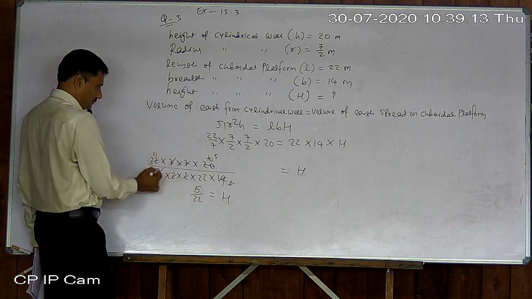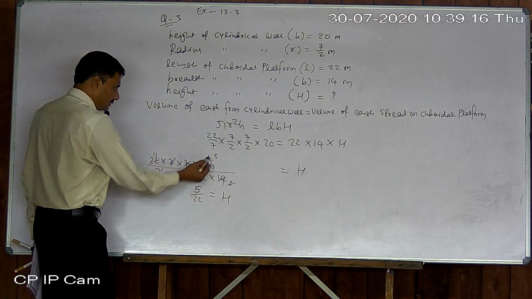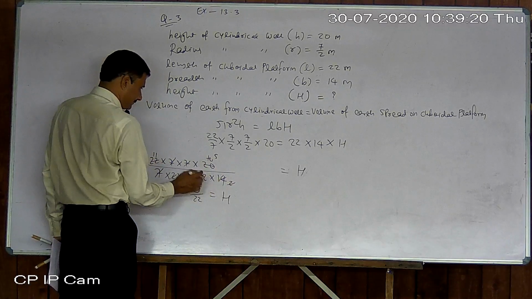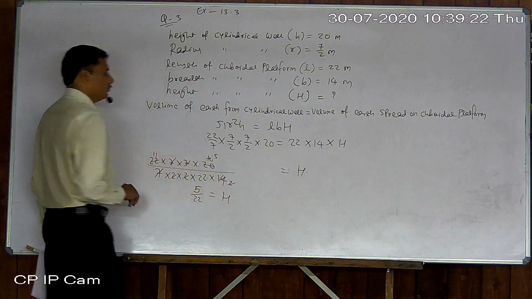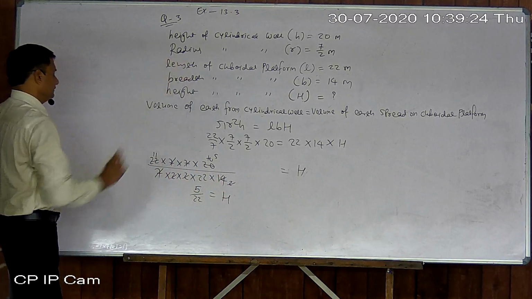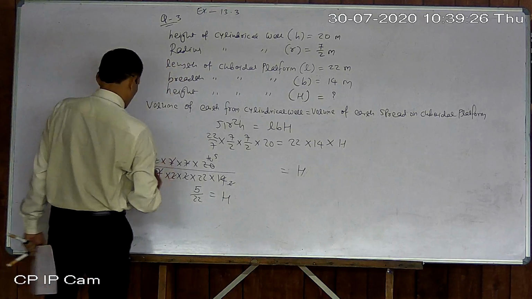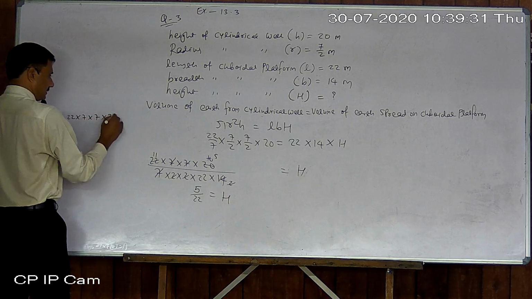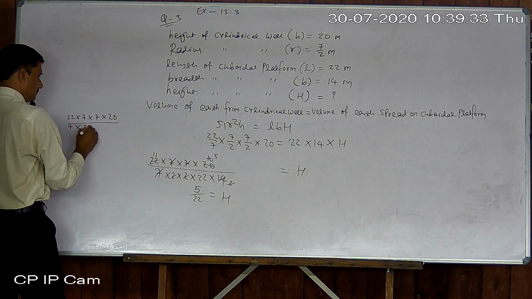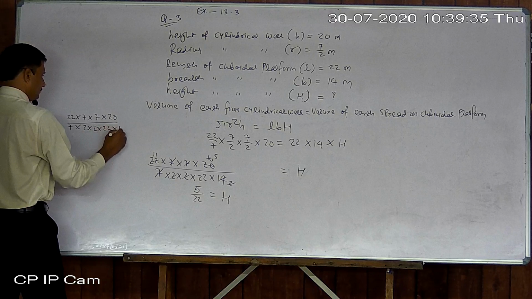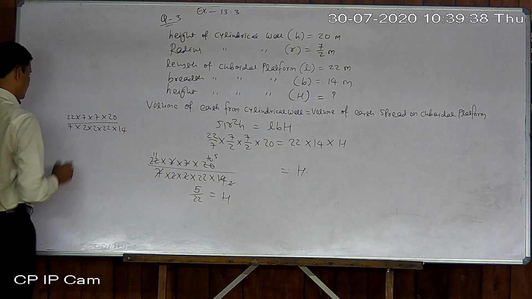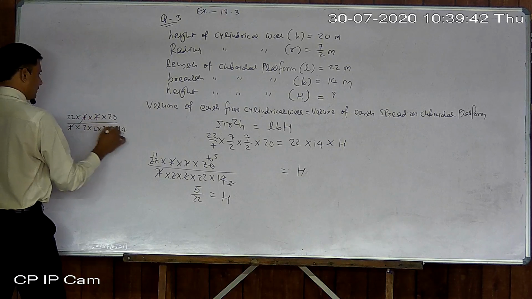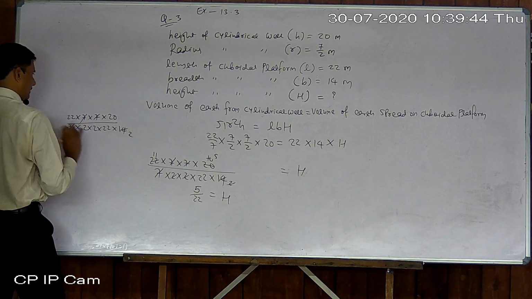How do I cancel? First of all 7 and 7, then 2 elevens are 22, 2 tens are 20. Sorry, 7 twos are 14. So: 22, 7, 7, 20 over 7, 2, 2, 14. First 7 7 gone. 7 twos are 14.